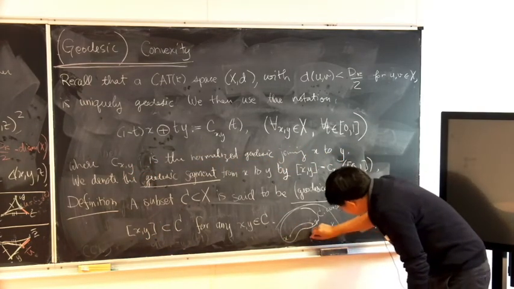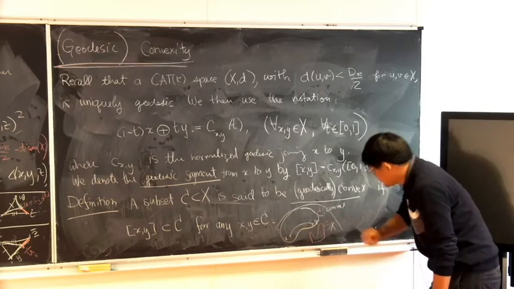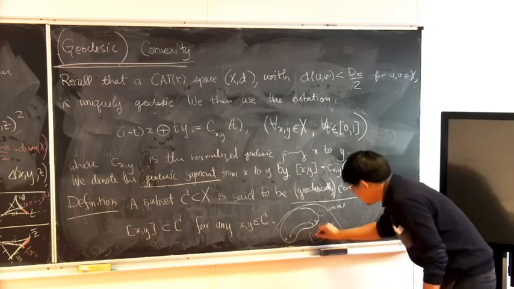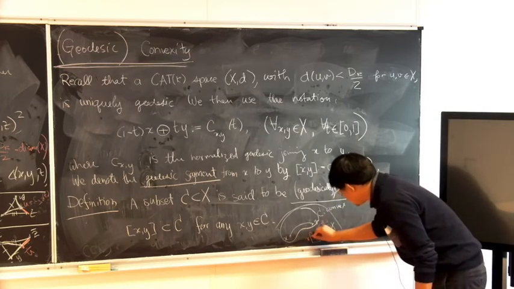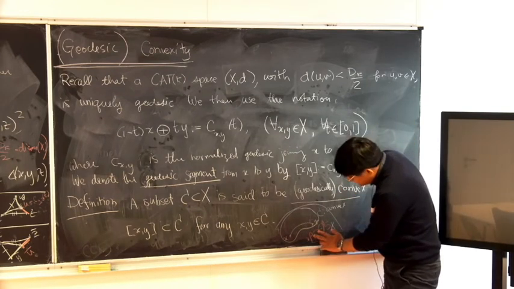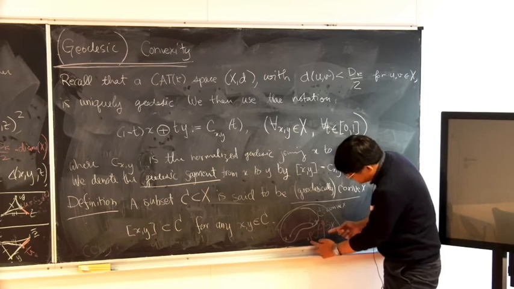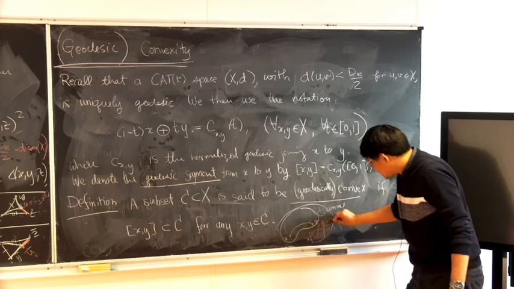Okay, so suppose we have another set here. Let me call this S. Okay, if we take 2 points x, y here, then the geodesic segment joining them may be something like this, but there are parts of this geodesic segment that are outside of S. So S here is non-convex.